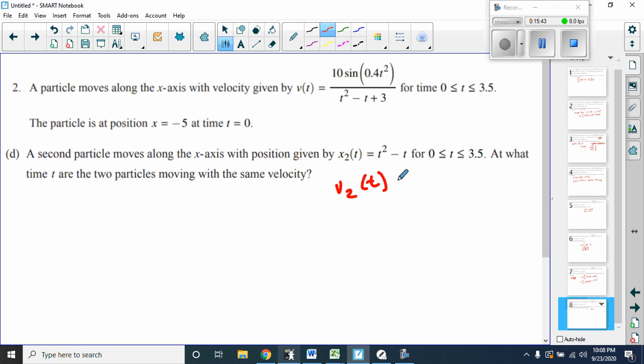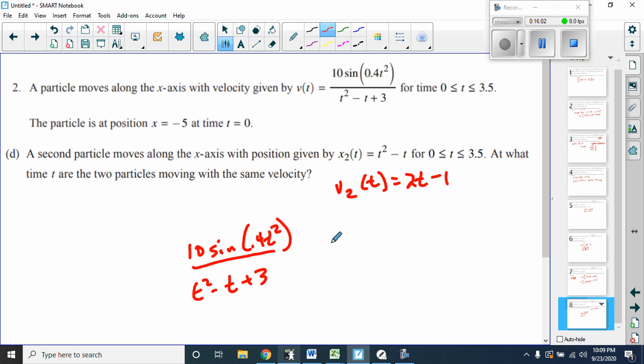And we can get that pretty easily: 2t minus 1. And we want the velocities to be the same. So we want 10 sine of 0.4 t squared over t squared minus t plus 3 to be equal to 2t minus 1.